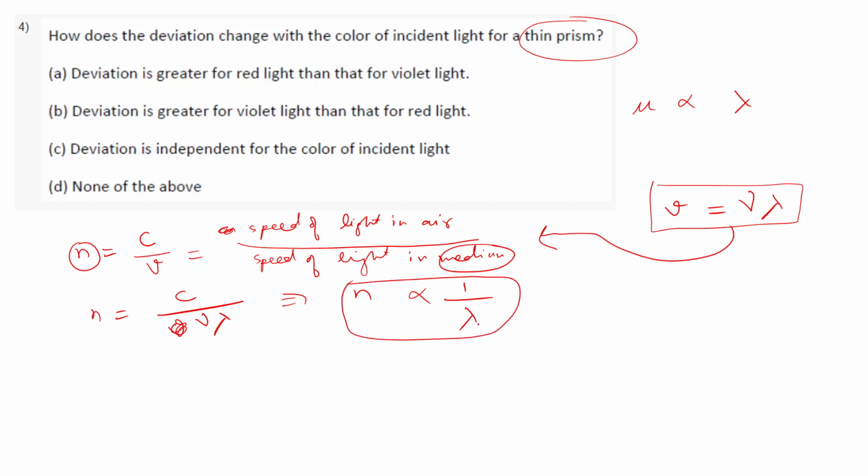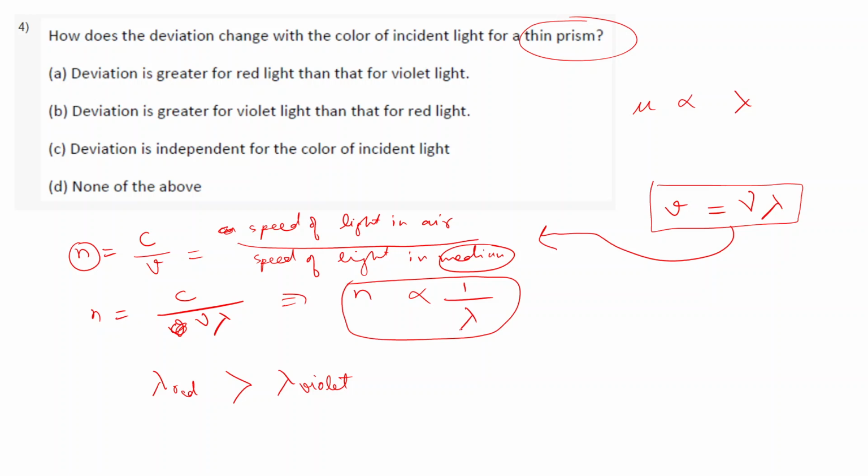So if wavelength of that light is more, refractive index for it will be less. We know wavelength of red light is more than wavelength of violet light.